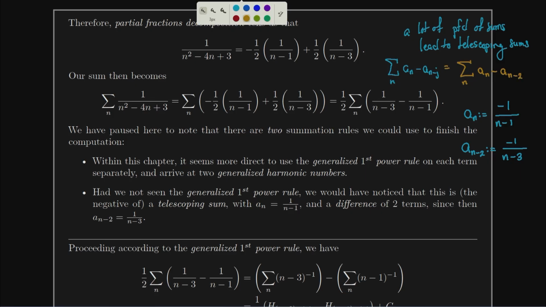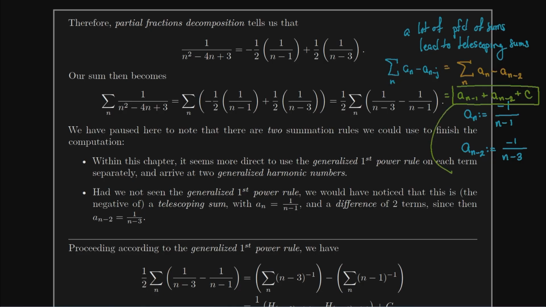And what does my formula actually tell me this should be computed as? It should be computed as a_(n-1) plus a_(n-2) plus c. So now I'm just going to have to figure out what is a_(n-1) plus a_(n-2). It ends up being, well, a_n is negative 1 over n minus 1, so a_(n-1) will be negative 1 over n minus 2. And a_(n-2) is, of course, negative 1 over n minus 3.